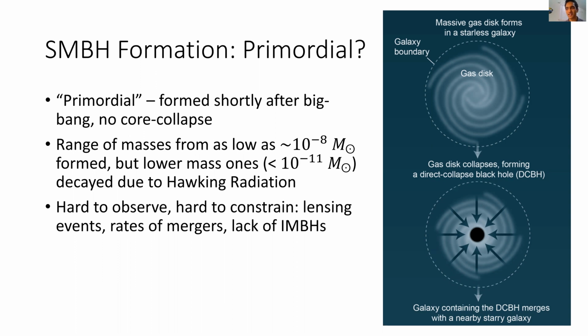And then, like I was talking about with the rates for the gravitational waves earlier, we look back and we don't really see tons of mergers going on. We don't know if we have the precision to see that yet, but that's something we'll have to think about before we can accept this kind of theory. And again, the same lack of intermediate mass black holes is still an issue here.